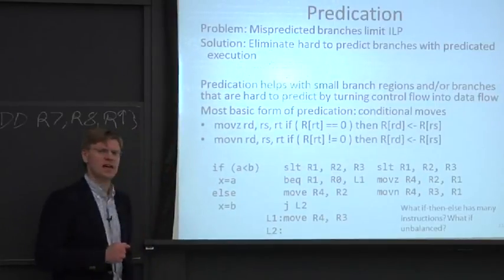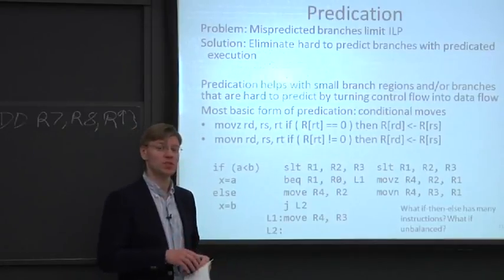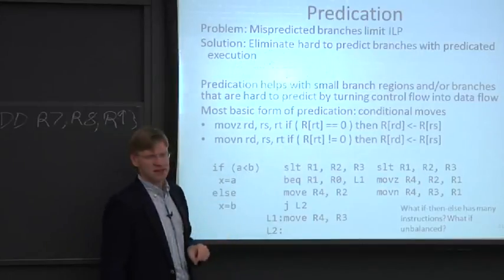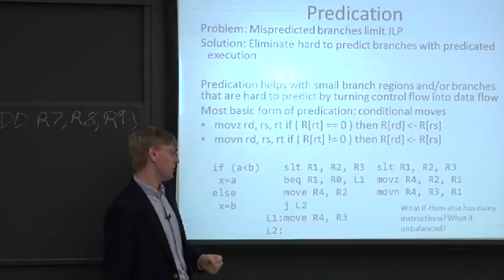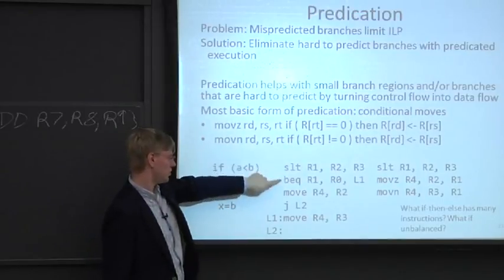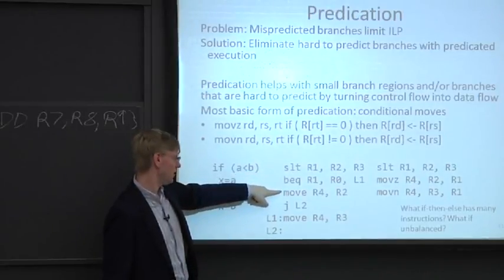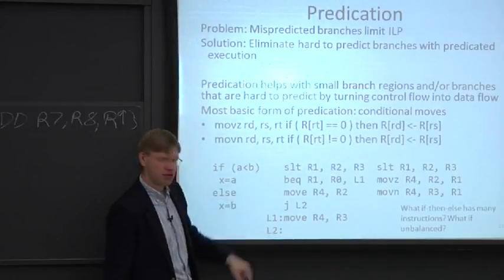Let's analyze how long this takes, how many cycles this will take to execute on a sequential machine. OK, it does this set less than. It's 1. It does this branch. So that's 2. Let's say the branch is not taken or falls through. 3, 4, and then the jump over.